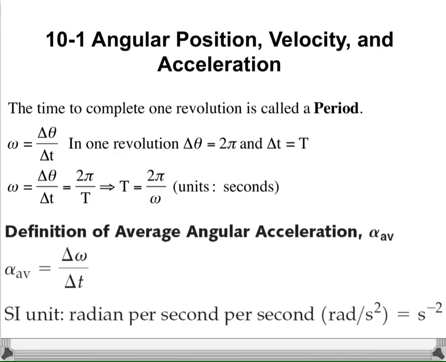Now comes the definition of period. The period is the time required to make one complete revolution, and its unit is, of course, seconds in the SI unit system. One period is the time required for one complete revolution, a 2 pi rotation.